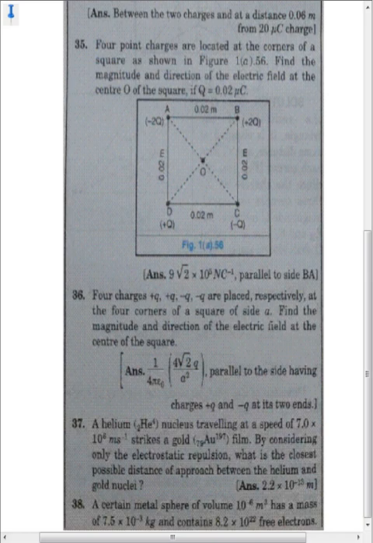The only thing is that we have the speed of the incident helium nucleus, that is 7 times 10 raised to the power 6, and with the atomic number of gold as well as helium available to us. Let's first picturize this, then we can do this pretty easily. So this is the popular alpha particle scattering experiment.